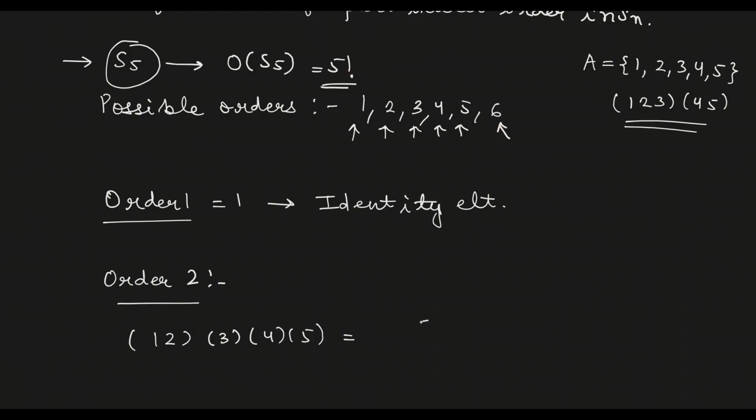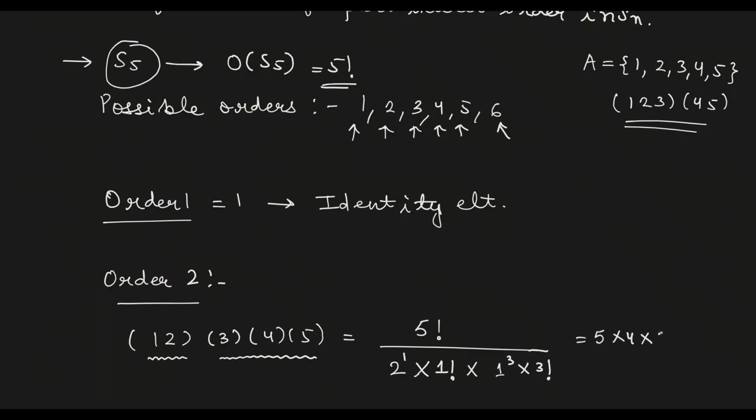So the formula is 5 factorial upon this cycle. This is a cycle of length 2 and it is present one time only, so 2 to the power 1, into 1 factorial, into how many 1 cycles are present? 3. So 1 to the power 3 into 3 factorial.